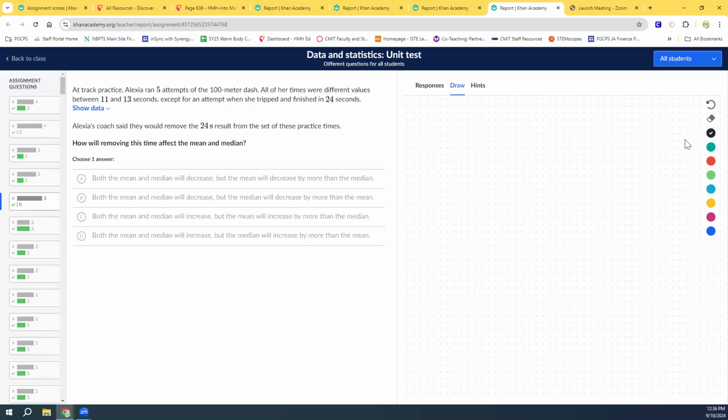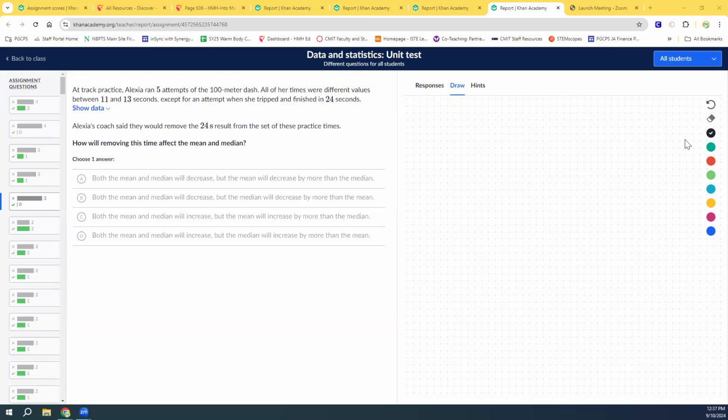Here we go. At track practice, Alexia ran 5 attempts of the 100-meter dash. All of her times were different values between 11 and 13 seconds, except for an attempt when she tripped and finished in 24 seconds. Alexia's coach said that they would remove the 24 seconds result from the set of these practice times.